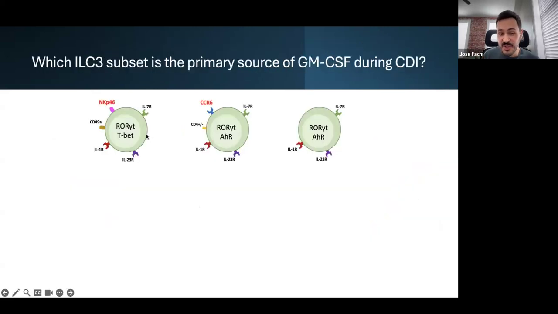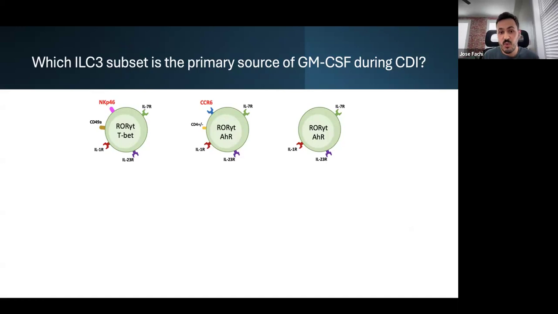And just to summarize what we have and put everything that we noticed in ILC3s in a physiological context, we know that we have three main subsets of ILC3s. We have one NKp46 positive, one that expresses CCR6, and another subset that doesn't express any of these receptors, called double negative. GM-CSF is mainly known for being produced by NKp46 ILC3s.